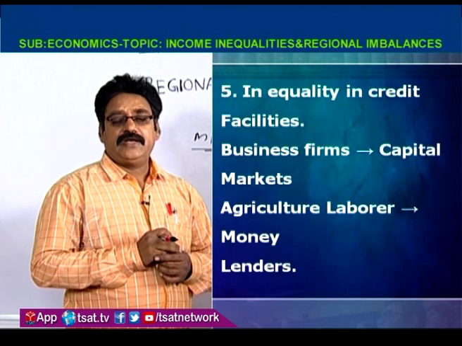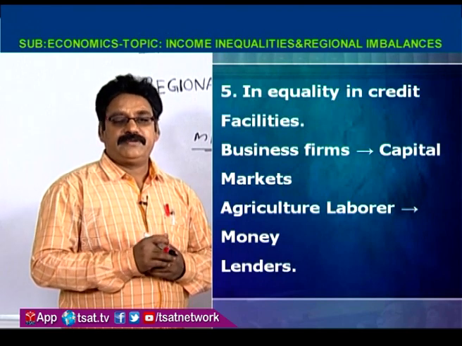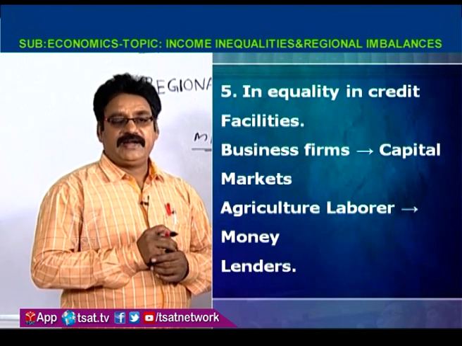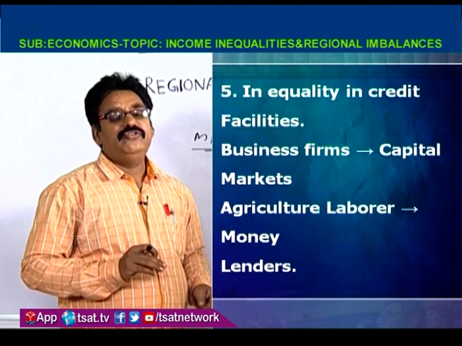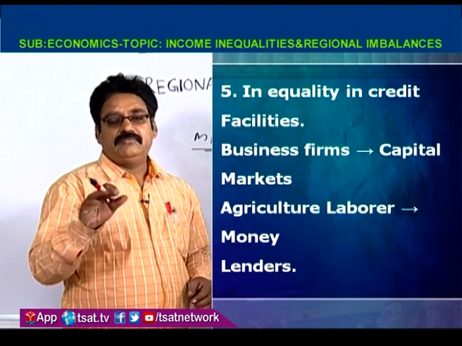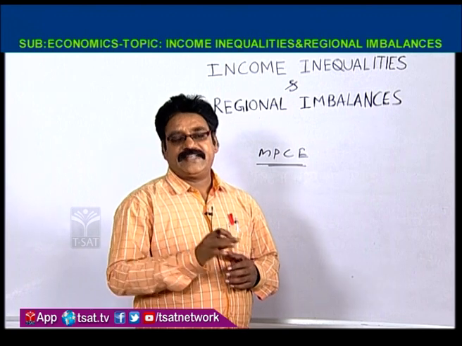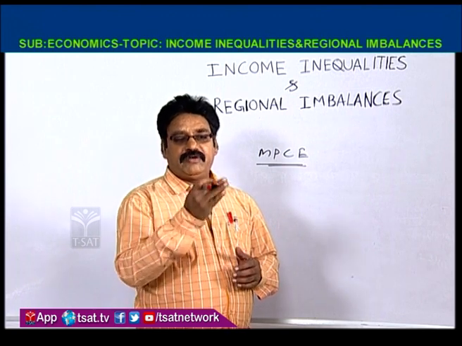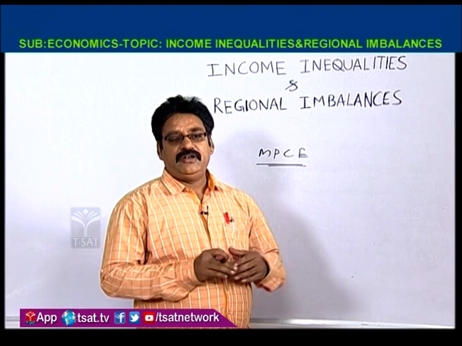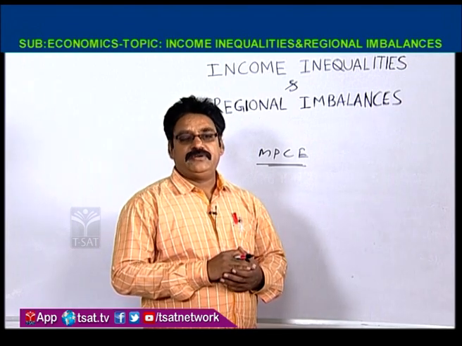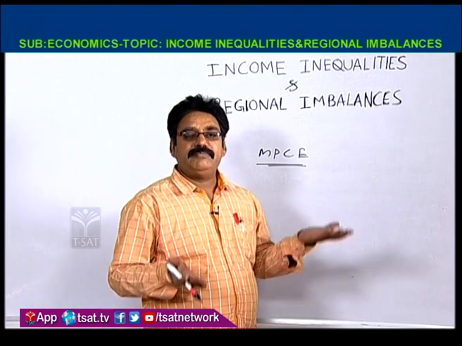Whereas agricultural laborers, small farmers and marginal farmers move to the moneylender, paying more interest. That leads to poverty for the agriculture people and richness for the business people. This also causes income inequalities.